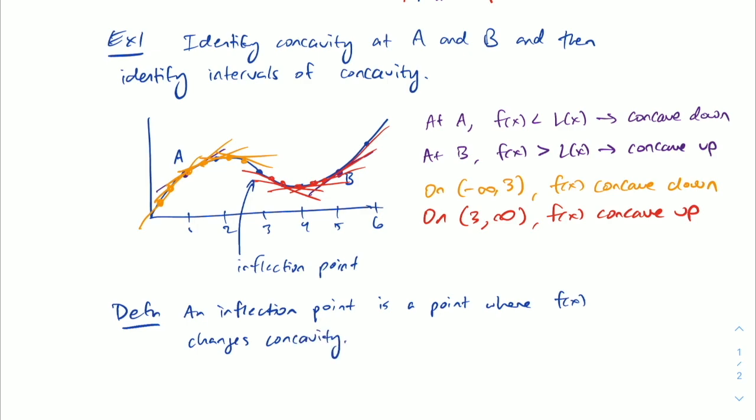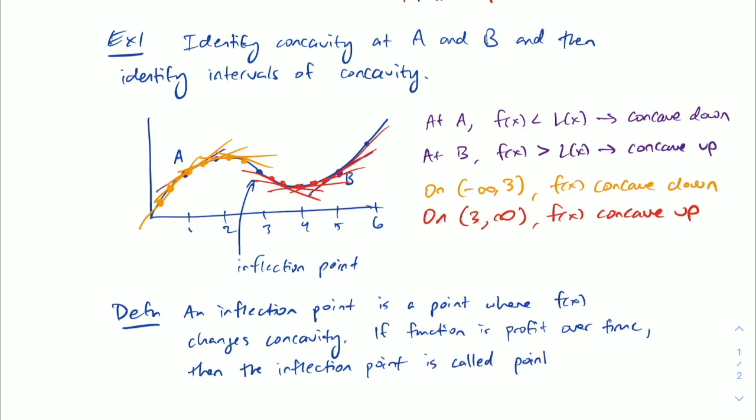And if the function is a profit function as a function of time, so profit over time, then the inflection point is sometimes called the point of diminishing returns.